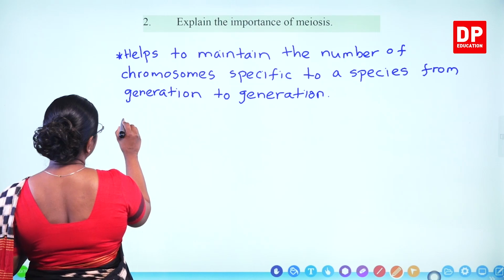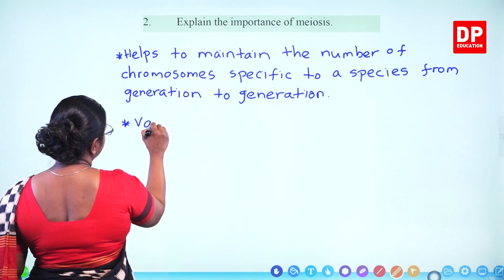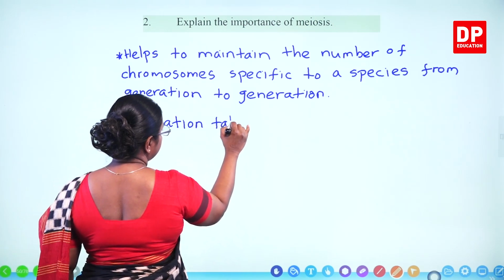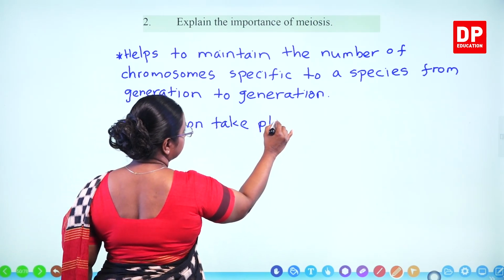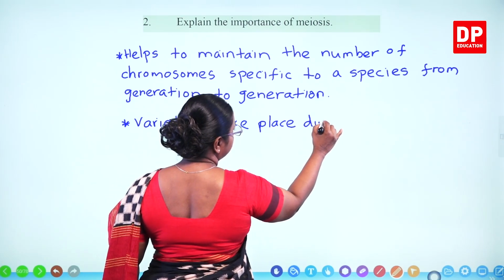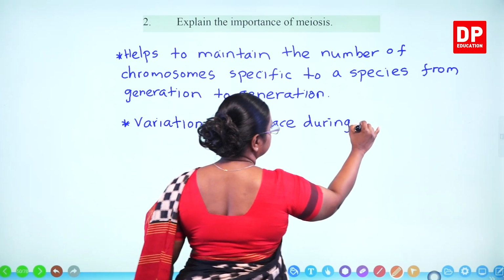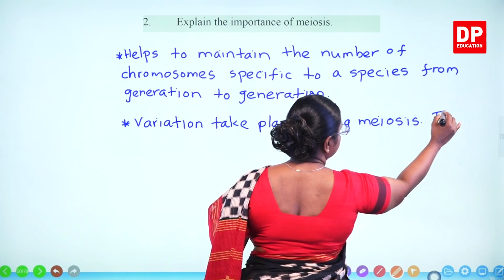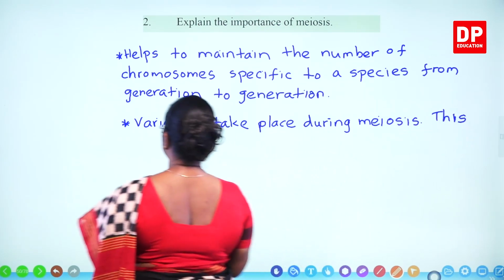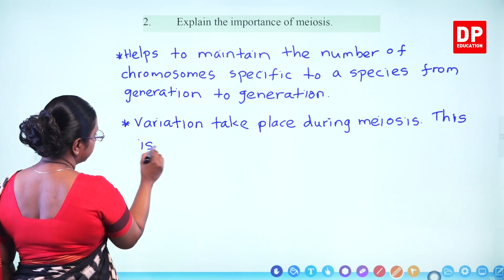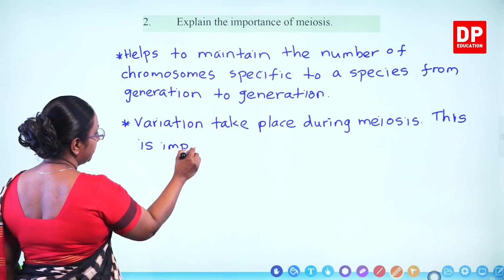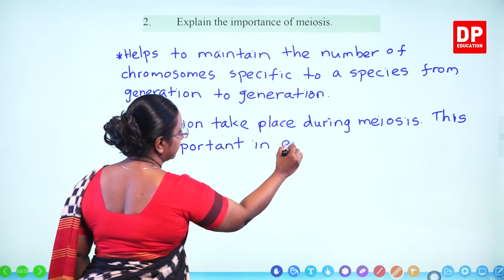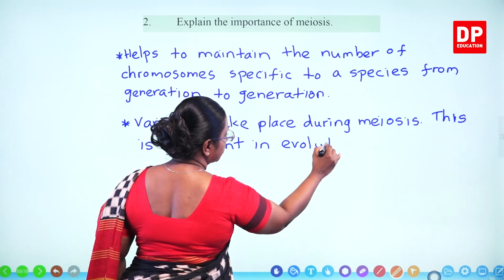So, the second one is variations take place during meiosis. This is important in evolution.